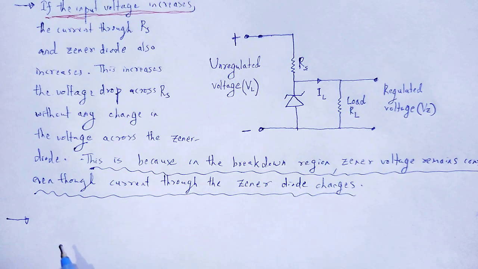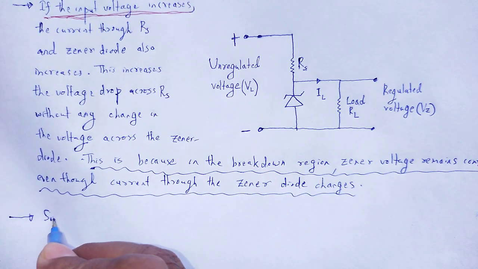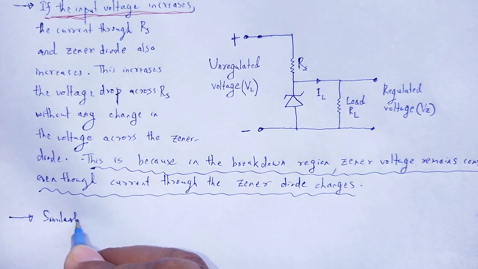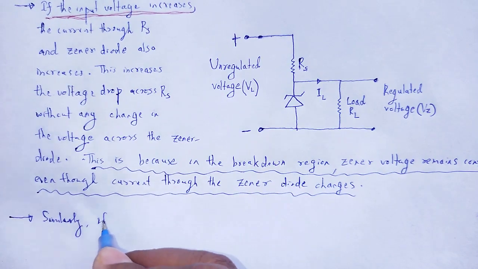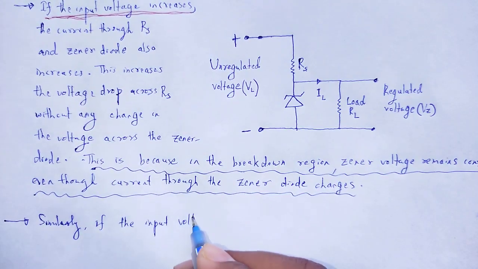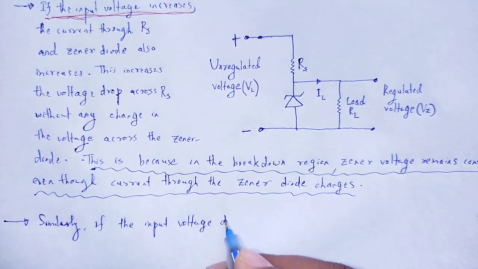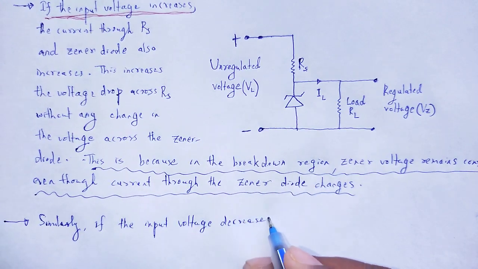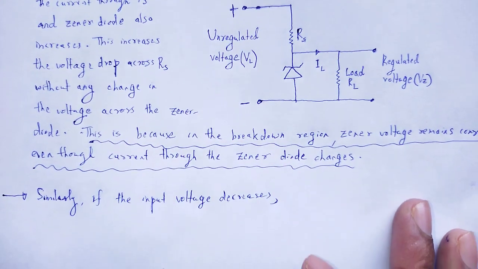Next situation, if the input voltage decreases, then how is it controlled?